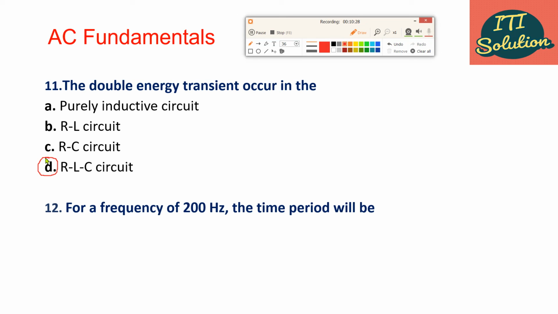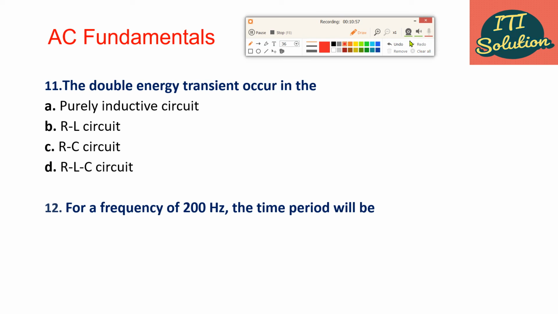Transient means sudden change of voltage or current. In an RLC circuit, energy is stored in the capacitor's electric field and the inductor's magnetic field. When there is a change or switching in an RLC circuit with inductor and capacitor together, a double energy transient occurs.